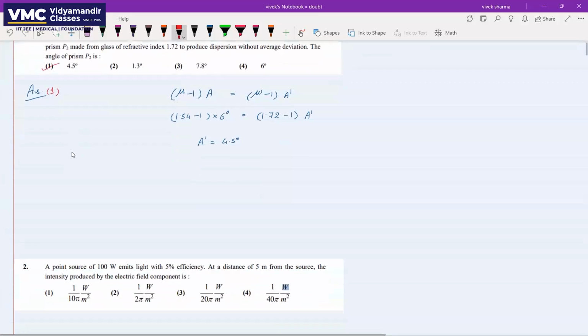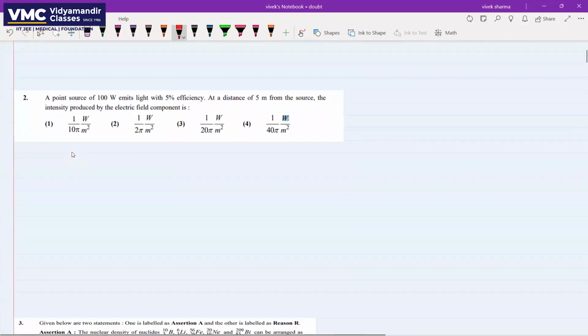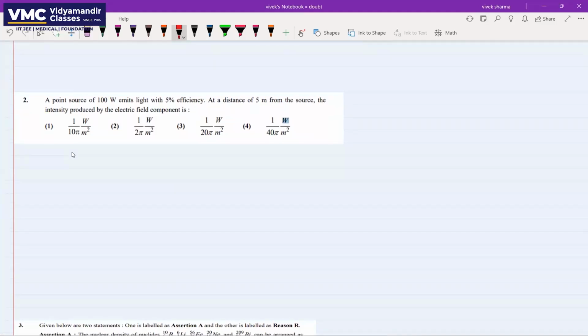Moving to next question, question number 2. It says a point source of 100 watt emits light with 5% efficiency. At a distance of 5 meter from the source, we need to find the intensity due to the electric field.